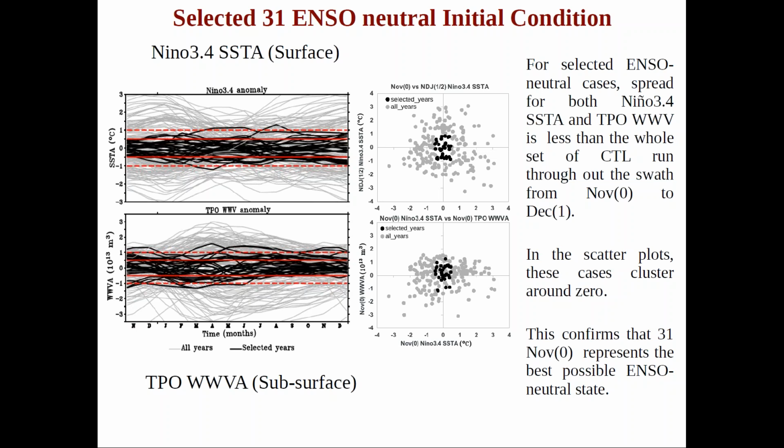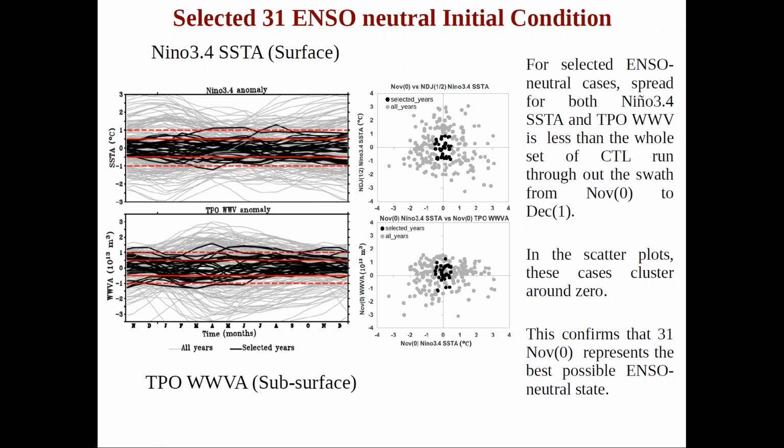So this is the evolution of NINO 3.4 SST anomaly and warm water volume anomaly over the tropical Pacific from November to December, and you can see that the black line has the 31 ensemble for the initial condition, and this gray is the total CTL run.